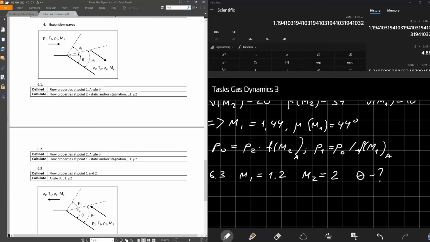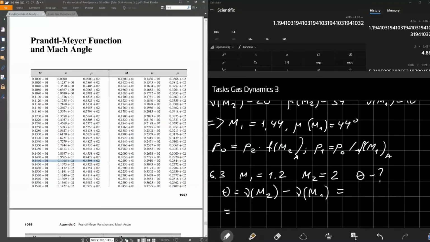That's very simple, right? We use directly the calculation that theta is nu of M2 minus nu of M1. And for my Mach number 2 and Mach number 1, I just look in the appendix.